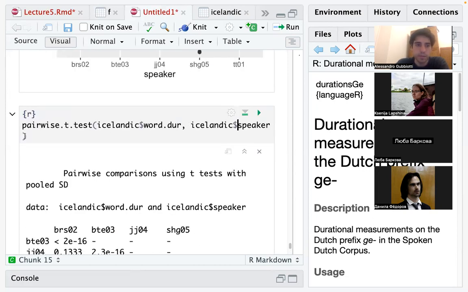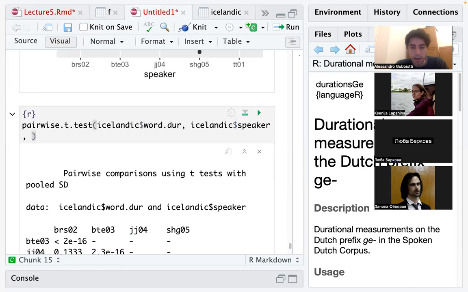Sorry, and I want to adjust the p-value. So here I'm not doing a test with a significance level of 0.05.